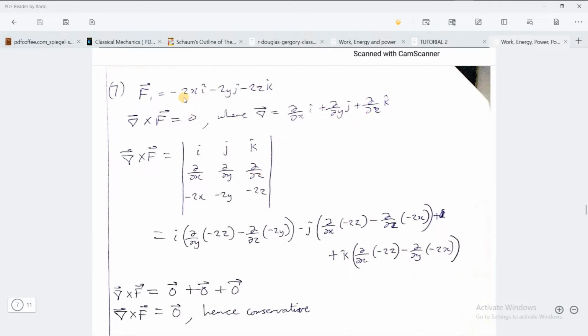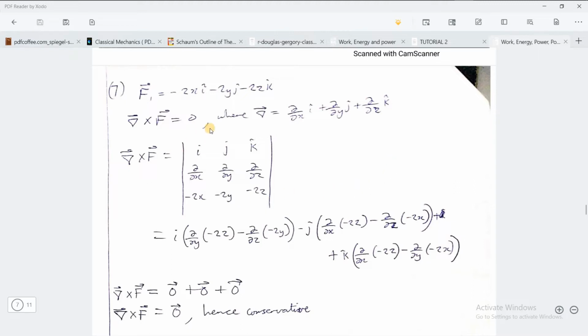Then you take minus 2x, minus 2y, minus 2z, in order as they should be. So all components having i are in this column, all components having j are in this column, and all components having k are in this column.